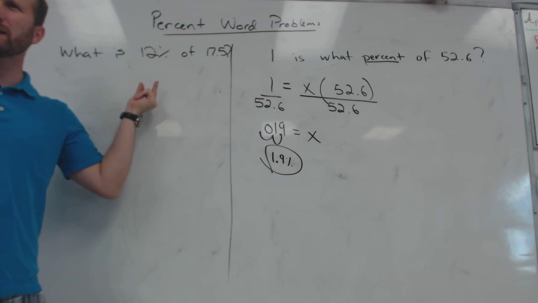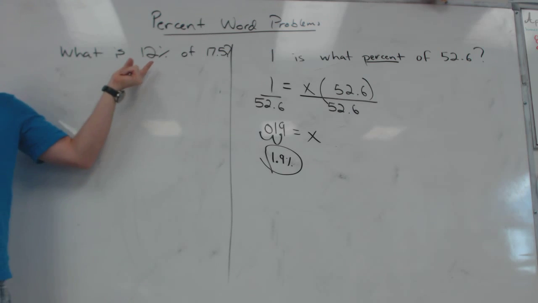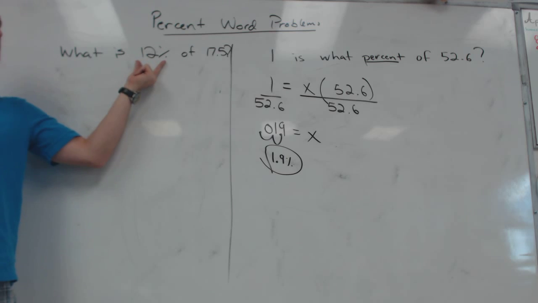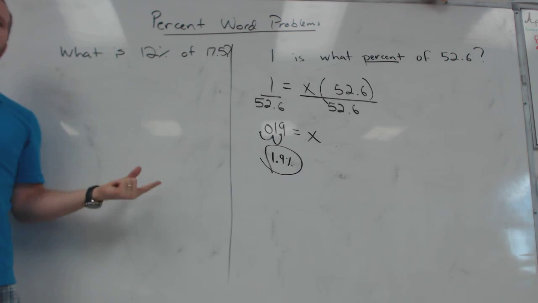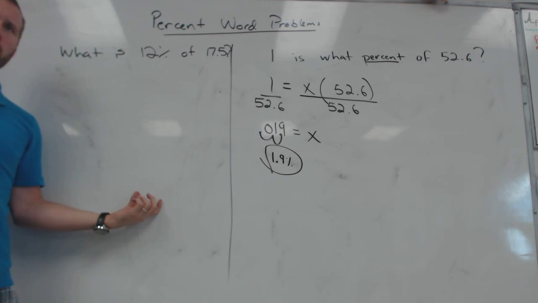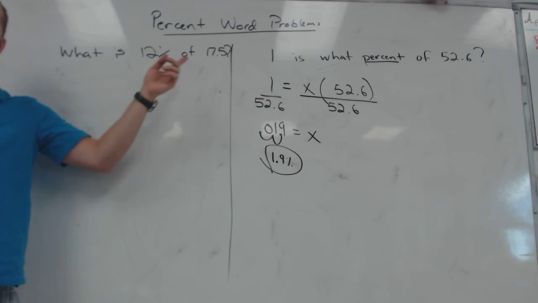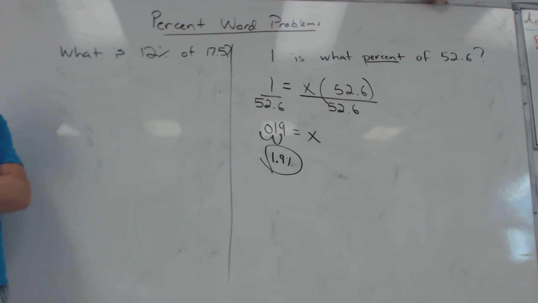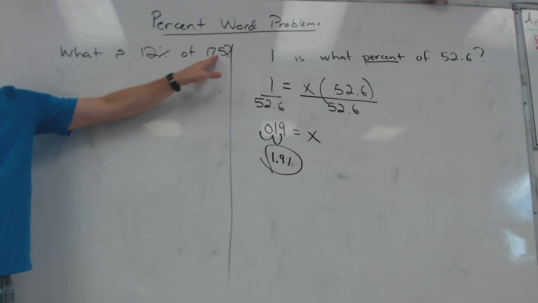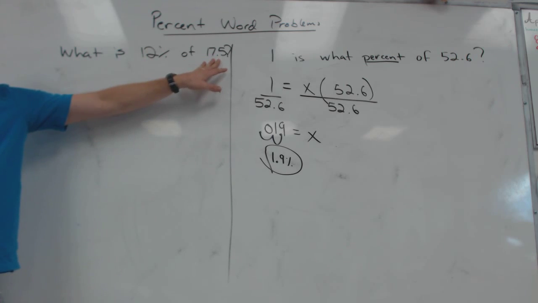Do we see a percent in there? I see it right here, 12%. So do you think our answer is going to be a percent or a number based on reading this question? Yeah, a number. I would agree with you. What number is 12% of 17.5? Think about it.